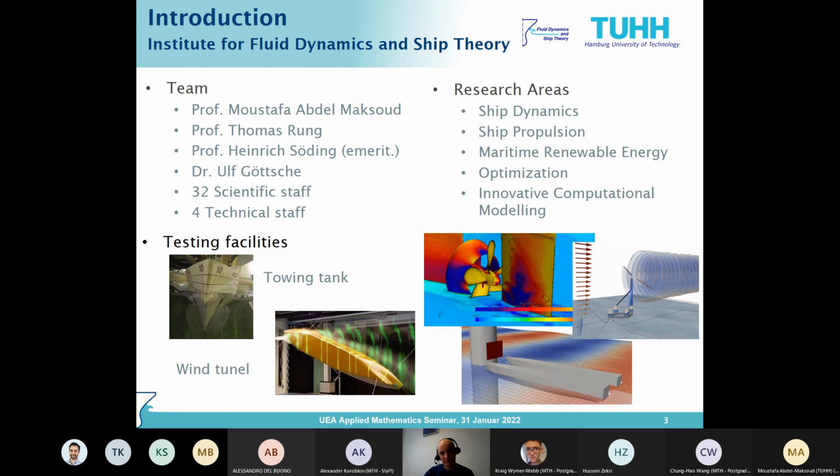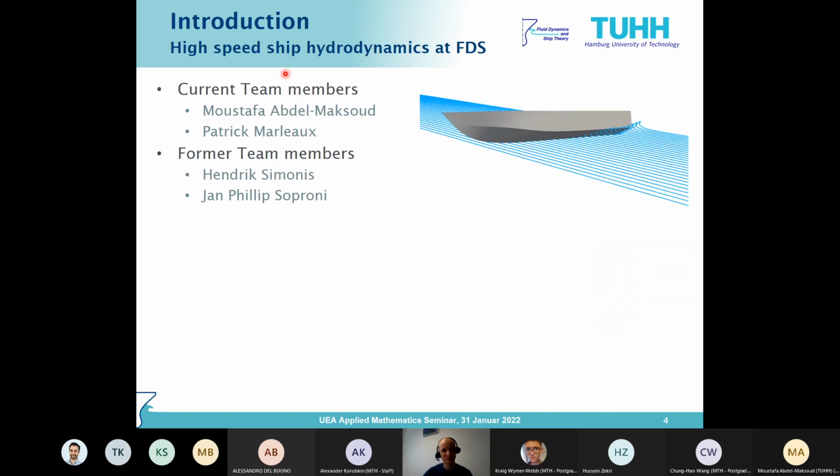Now within the area of ship dynamics, there's a group I belong to that works on high-speed ship hydrodynamics. Currently it's Mustafa Abdelmaksud and me working on the topic, and there are also 4 more team members who contributed a lot to the current method we have and the research results we obtained, including Hendrik Simonis and Jan-Philipp Soproni.